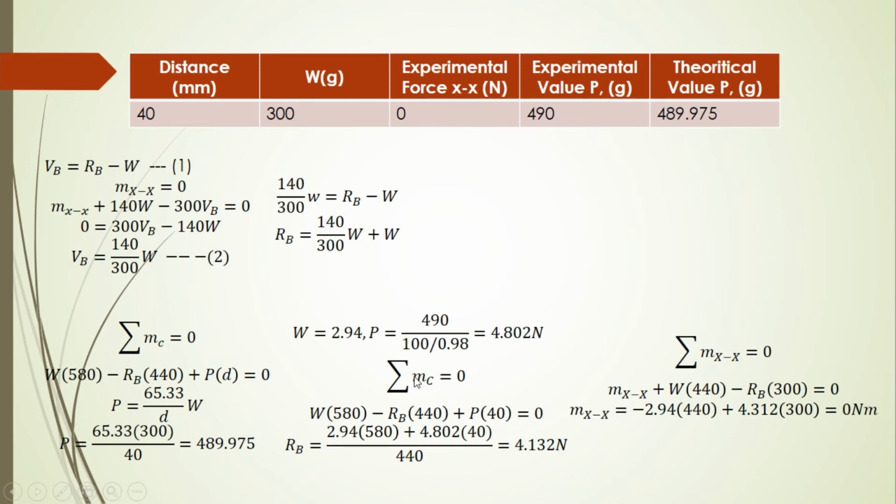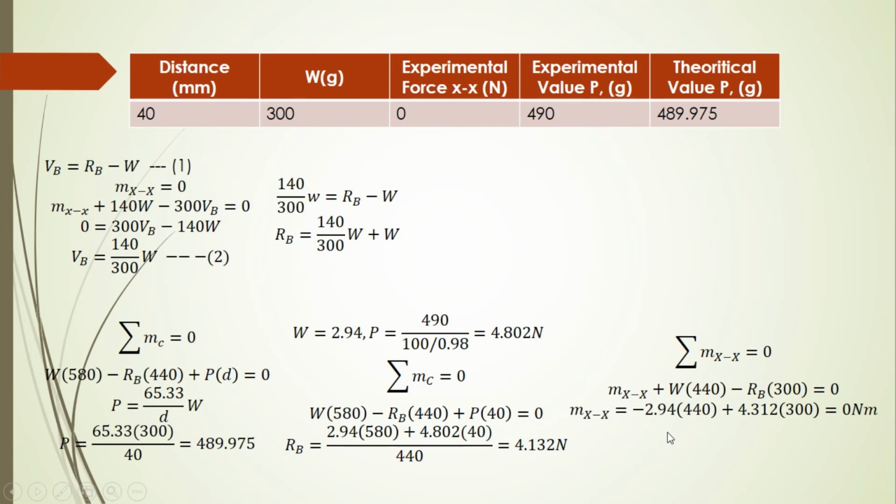Then we continue, finding the moment again, moment at C equal to 0. Find RB, reaction B, and we get 4.132. We continue to find the moment at XX. Here we can see moment XX is equal to 0.